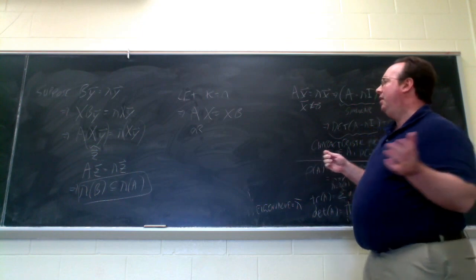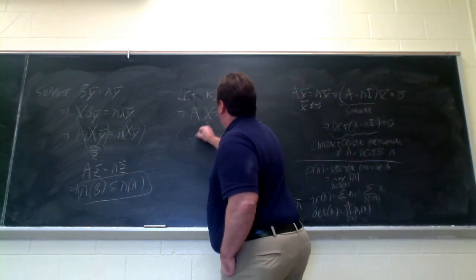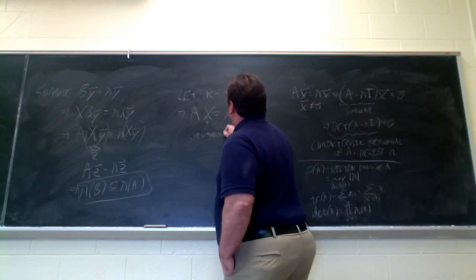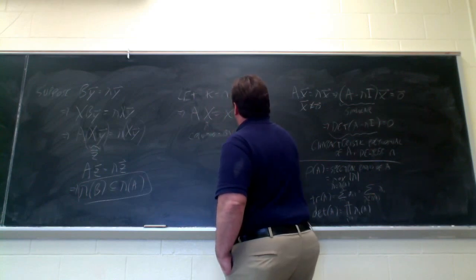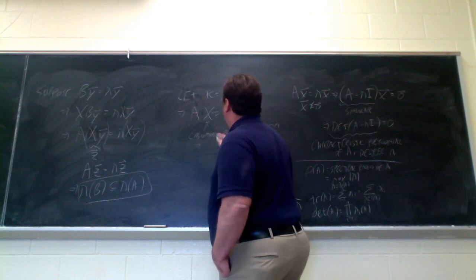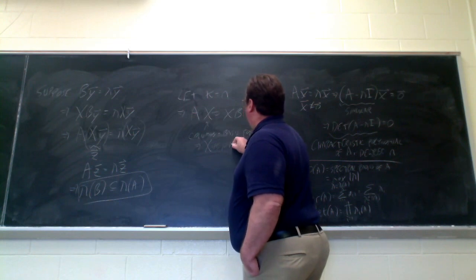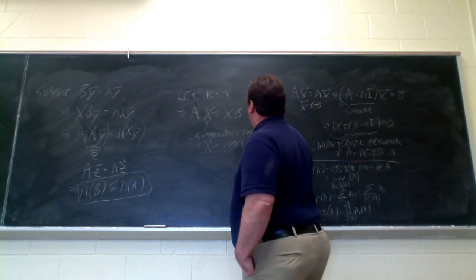So now, since the columns of X are now a basis for the entire vector space, and they're linearly independent, X is a square invertible matrix now.